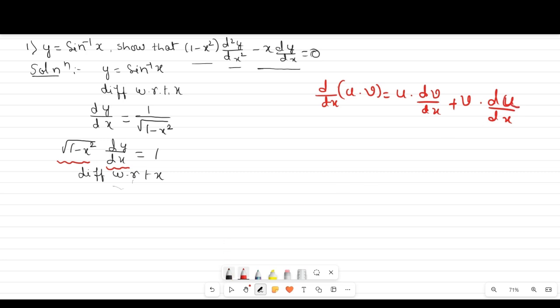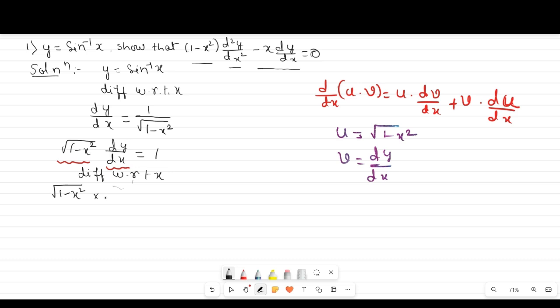Okay. So let me apply here u and v. u is equal to what? Root of 1 minus x square. v is dy by dx. Okay, so don't be confused. Keep in mind what I have written and let us do the differentiation. First function as it is, we must write root of 1 minus x square into d by dx of v.